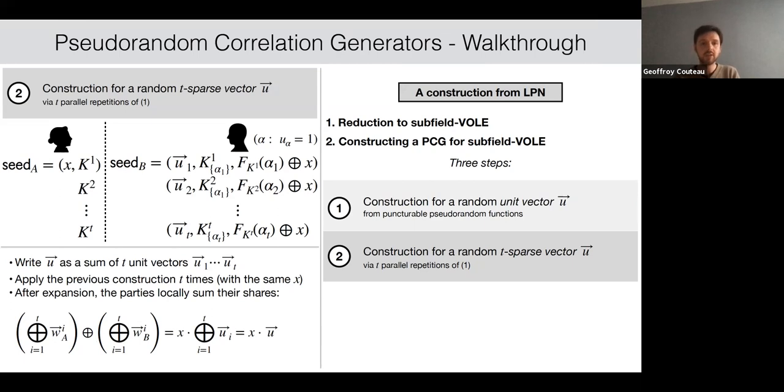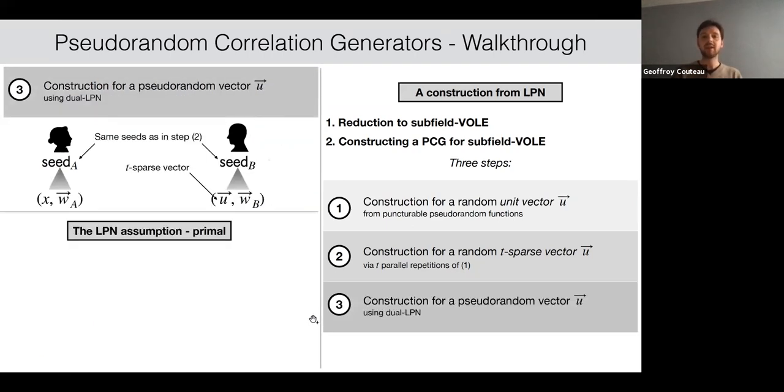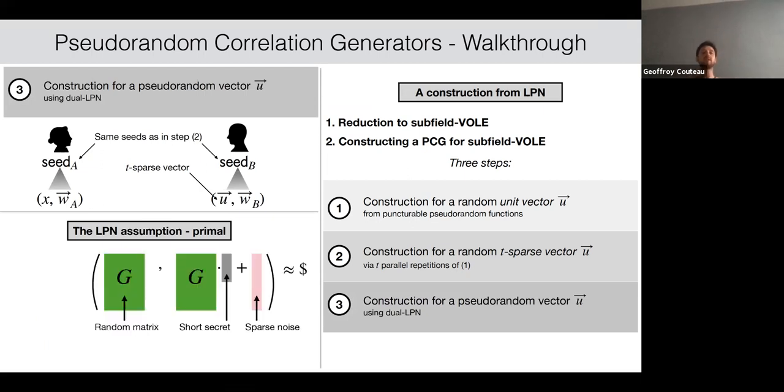Very easy until here. And then the question is, how can we go from here to the case where u is not sparse, but pseudorandom, which is what we need if we want oblivious transfers in the end, pseudorandom oblivious transfers. And here we use LPN. So what is LPN? It's the assumption that states that if I give you an overdetermined system of equations, so this is a big random matrix that gives you the list of equations, and some short secret.